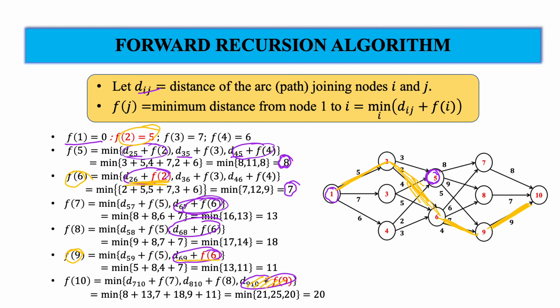So this is the forward recursion algorithm for this question, and we obtain the same path. We find that the path 1 to 2, 2 to 6, 6 to 9, 9 to 10 is the shortest path, and its value is also 20.